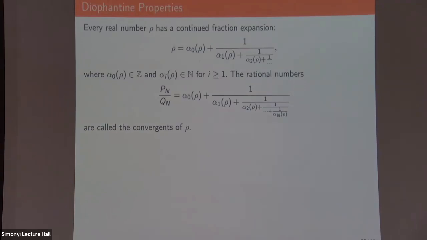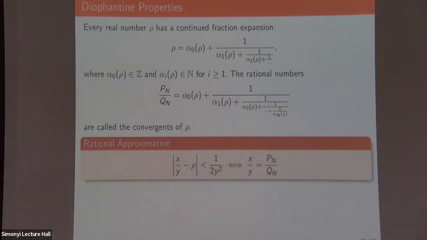Convergents are important because they fully explain the Diophantine approximation of rho. A rational number x over y can approximate my number rho quadratically well if and only if it is a convergent.